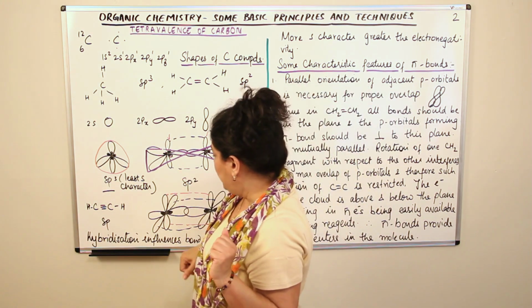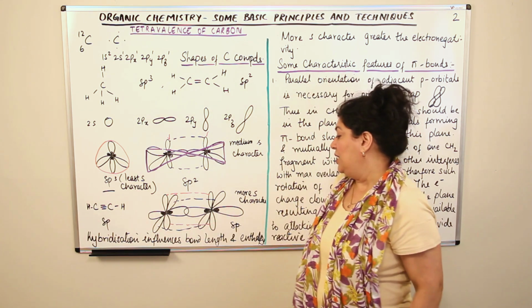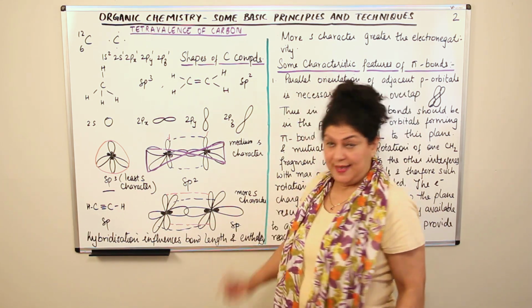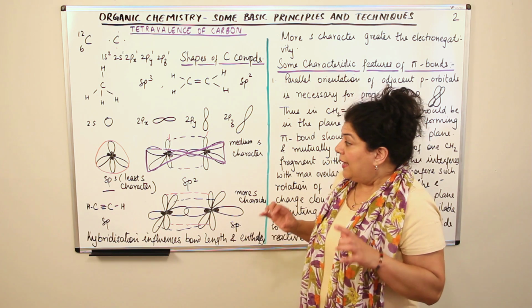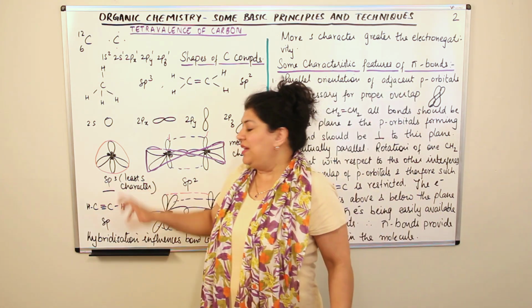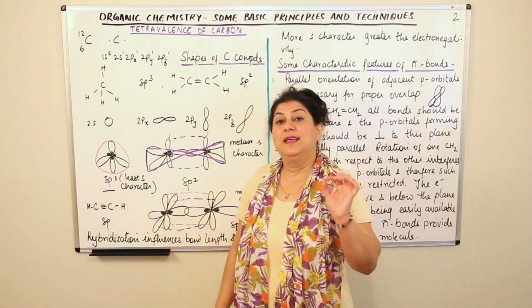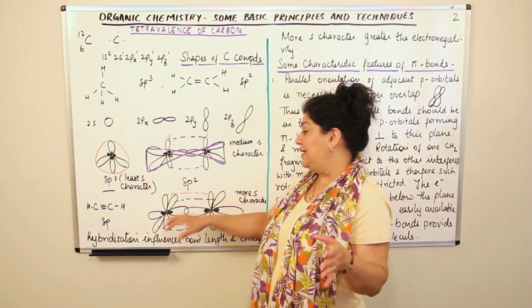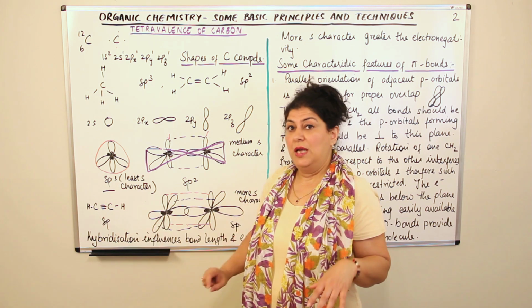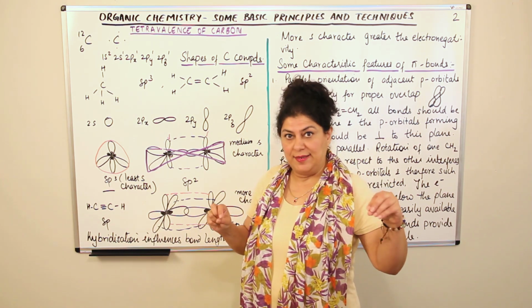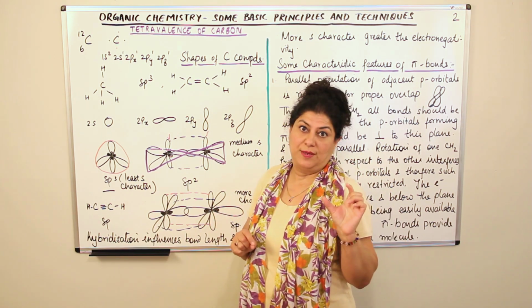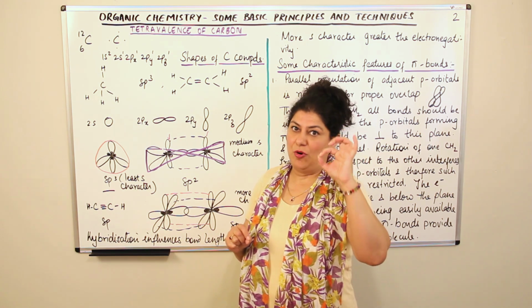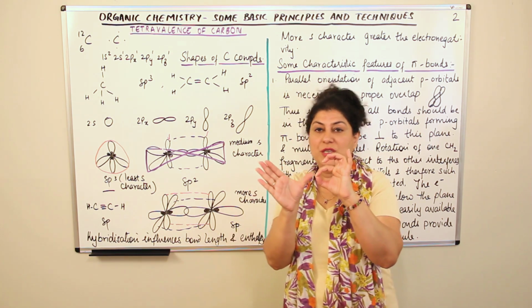So let me just read this now. Hybridization influences the bond length. Yes, let me explain this also. I told you that in sp3 hybrid, the s character is the least. In sp2, it is medium, and in sp, it is the most. The more the s character, the shorter is the bond, because the s orbital is small and the p orbital is long.